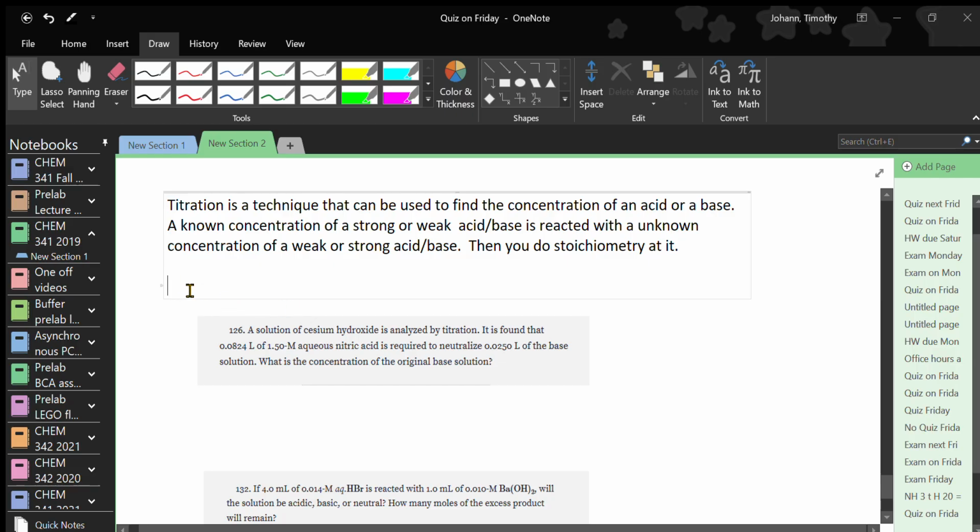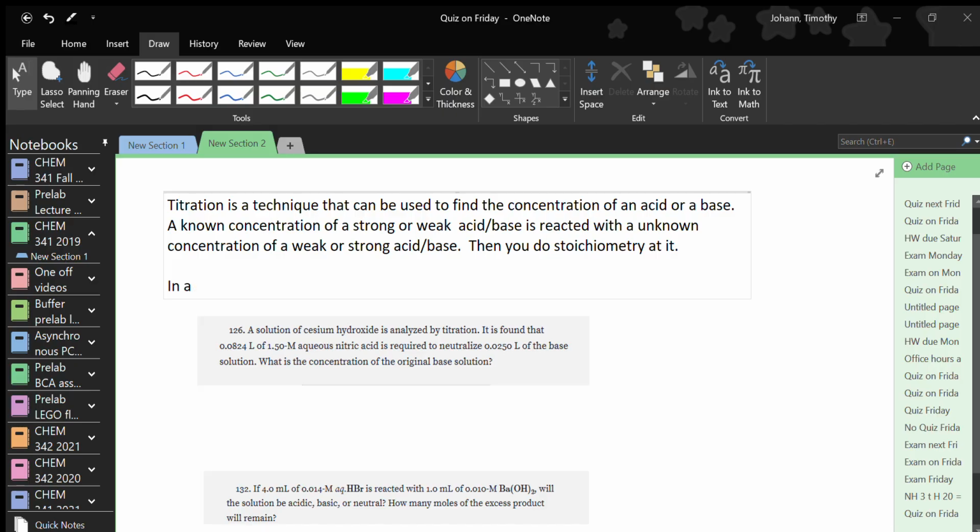But the important thing here is remember, in a neutralization reaction, an acid and base react to make water and a salt.